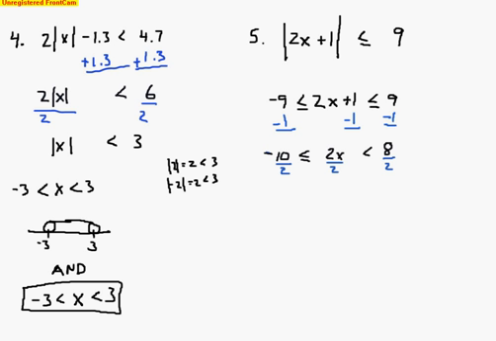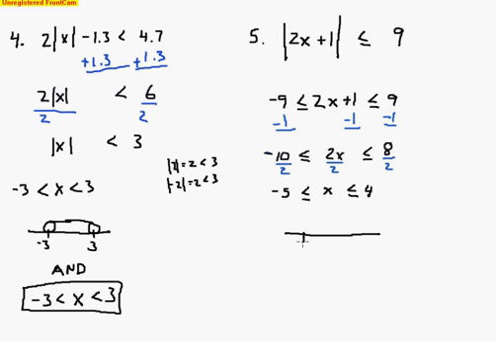And when we do that, what we'll have is negative 5 is less than or equal to x, but x is less than or equal to 4. It looks as though I forgot to put that inequality sign correct here, so this should be a less than or equal to. Well, we've gone ahead and solved, and now we can go ahead and graph.